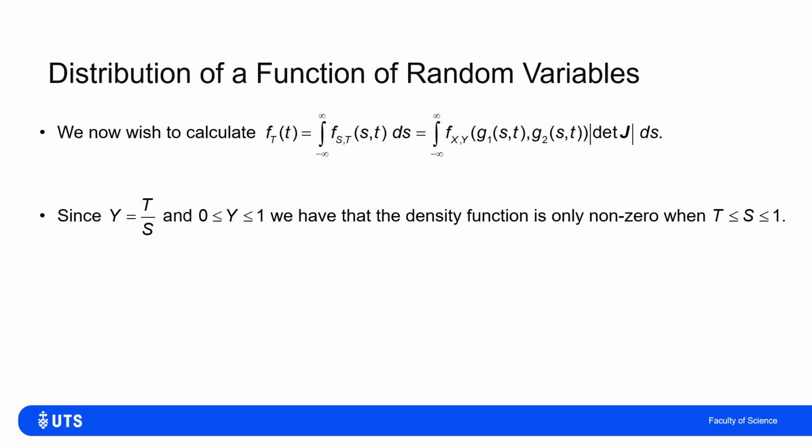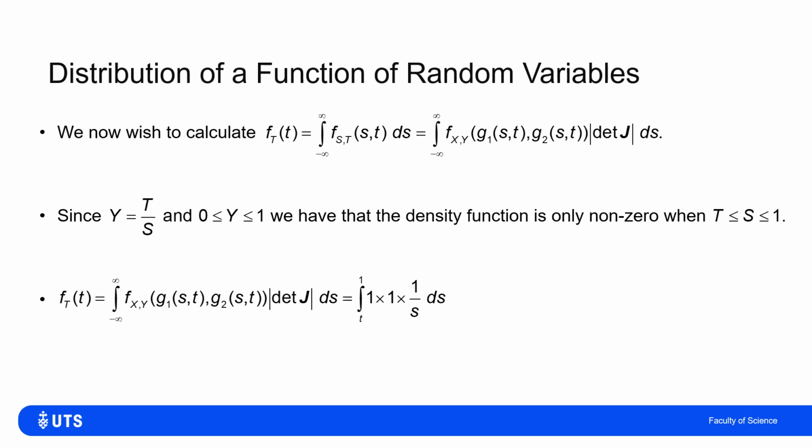Well, y had to be between 0 and 1, so in this case, t over s has to be between 0 and 1, so t has to be less than or equal to s, and s has to be between t and 1. So if I actually plug all of this in, there isn't anything to substitute into the probability density function because the density function is 1, or 1 times 1.